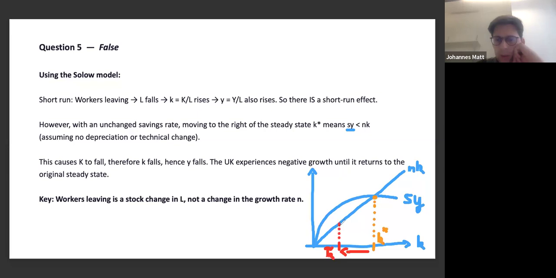This is the rate at which capital per worker is being reduced due to population growth, and this is the rate at which capital is being added. So you can see that I add more capital per worker than I lose, which means the next period I'm going here, and then the next period, and so on, eventually going back to the steady state I started out with. That's the way to think about it.